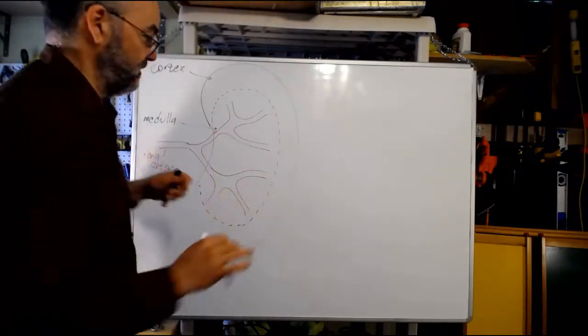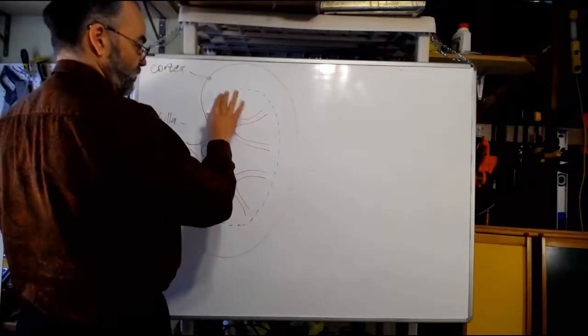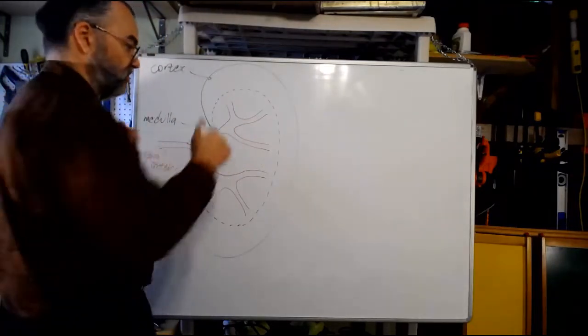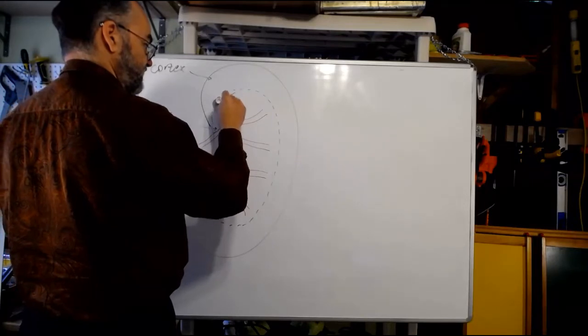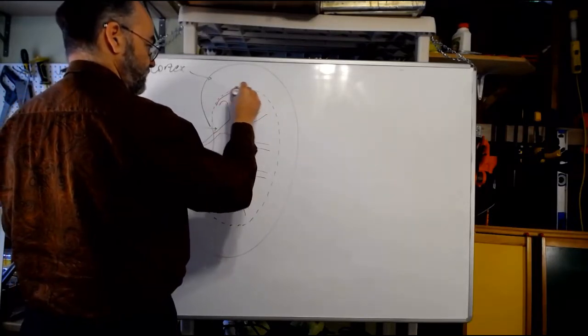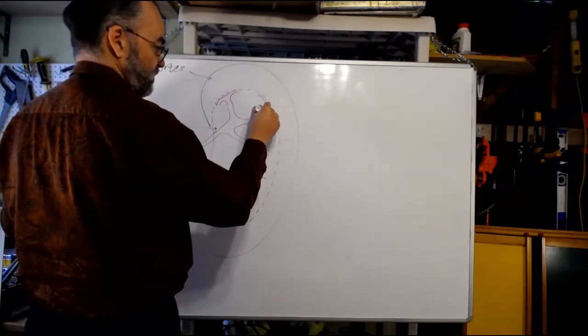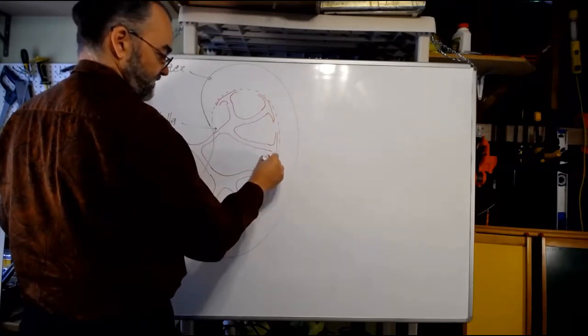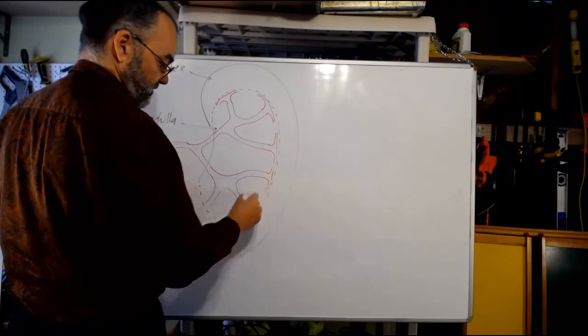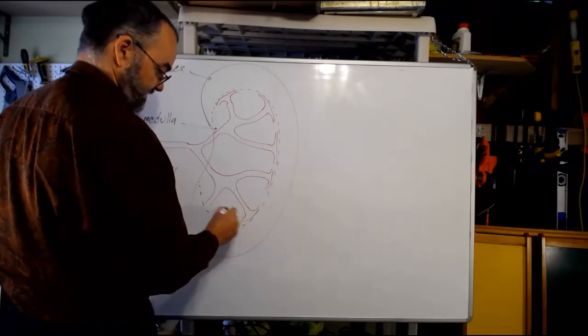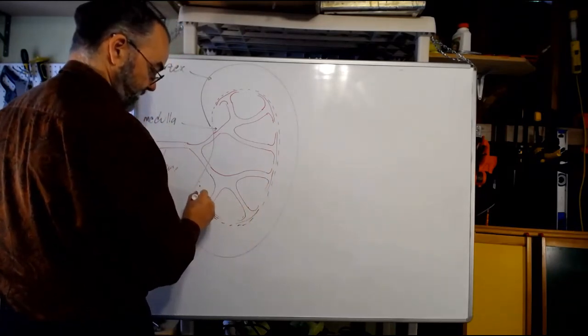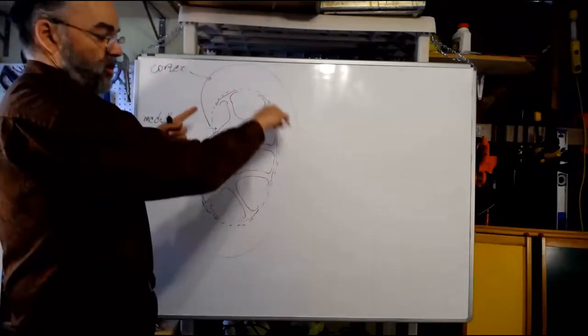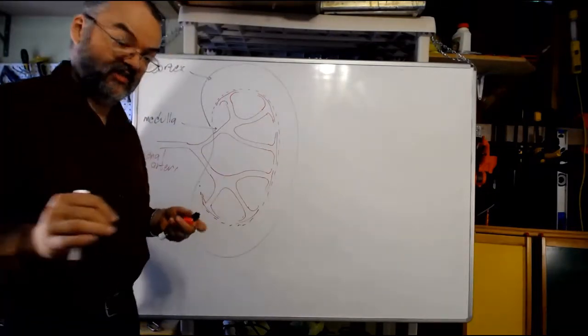This is not anatomically accurate. So we're splitting up into smaller renal arteries, which then split into even smaller ones. I do not need you to know the names of these particular blood vessels. If you've taken anatomy, you know a little bit more about it. That's not important here. But these smaller arteries move along the border between the cortex and the medulla.